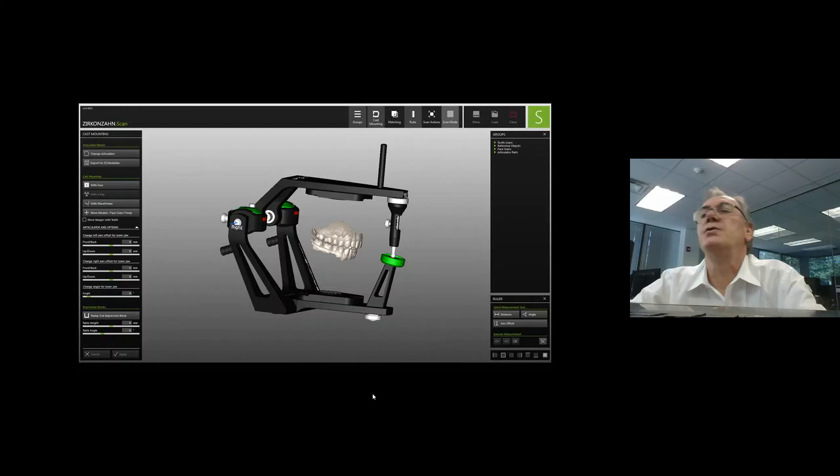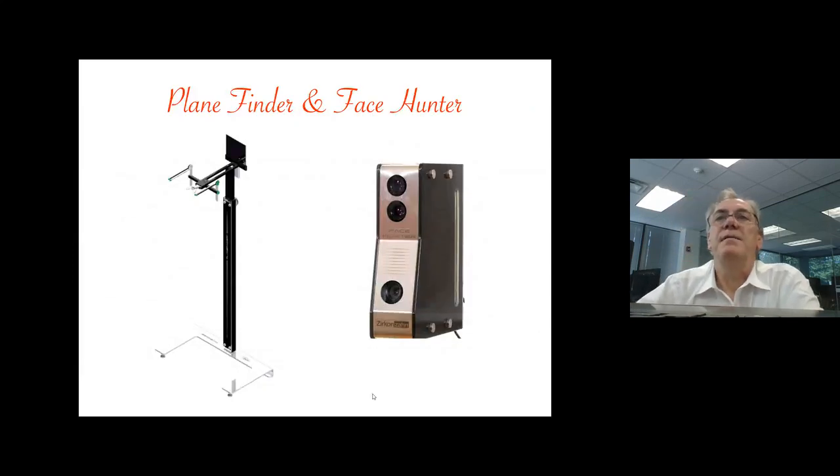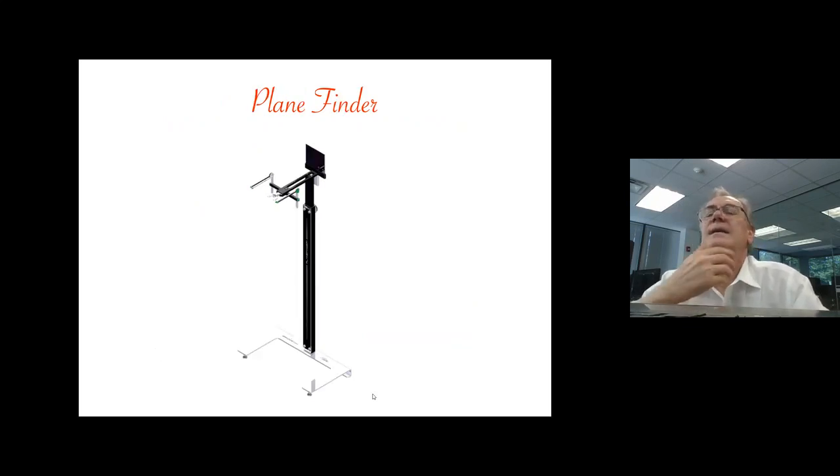And today we are going to introduce basically two new elements, the plane finder and the face hunter. So the concept of the plane finder revolves around the concept of the natural head position.